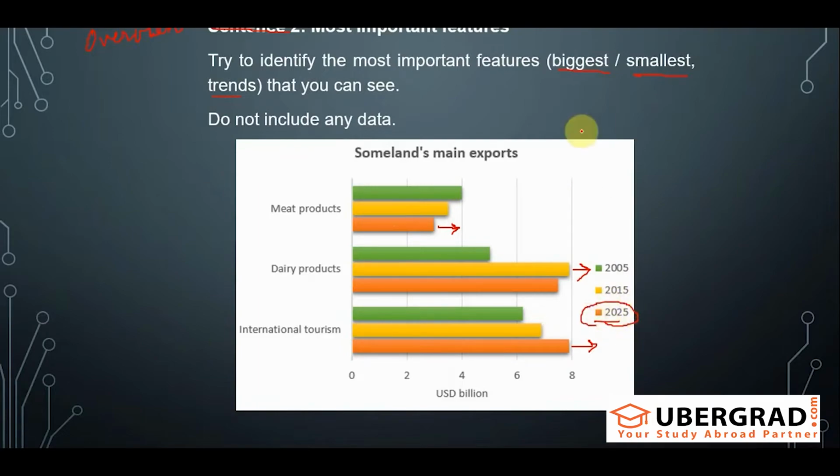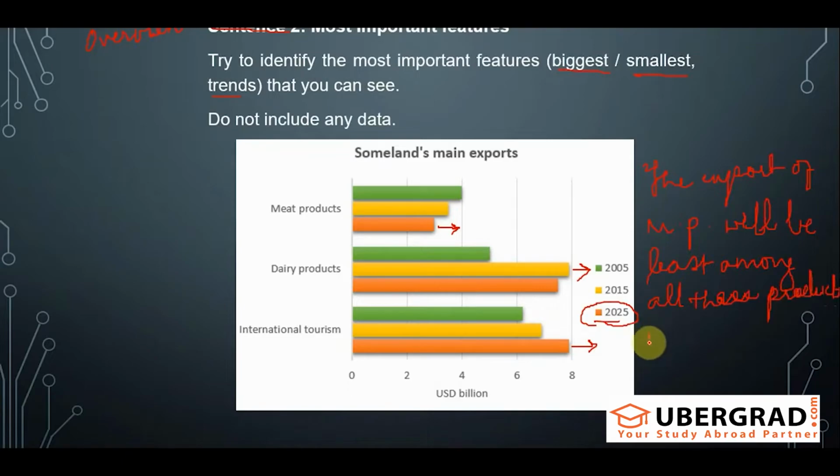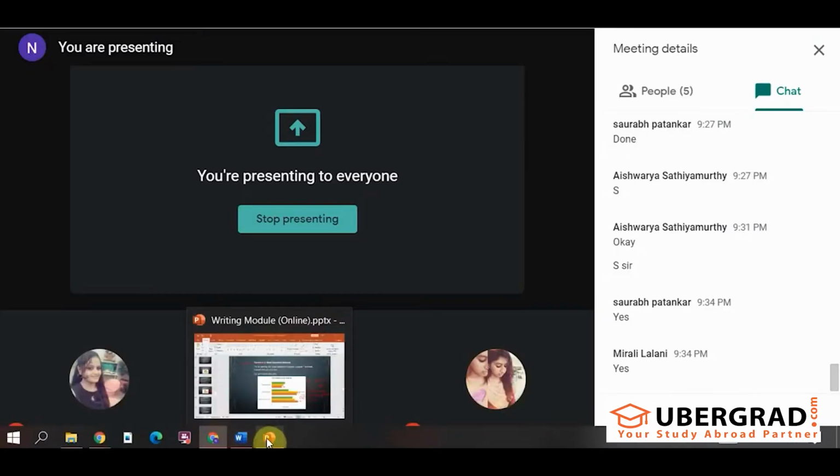So how will we write that the export of meat products will be least among all three products in the year 2025. Is this statement correct guys? Tell me. Tense is very, very important.